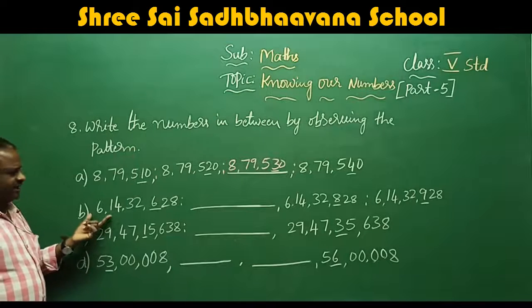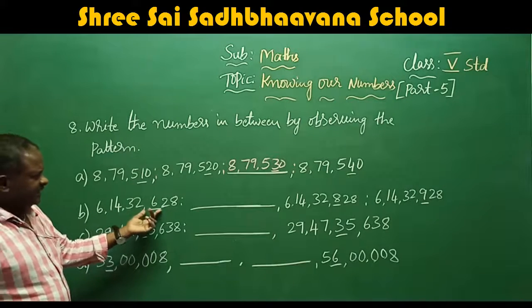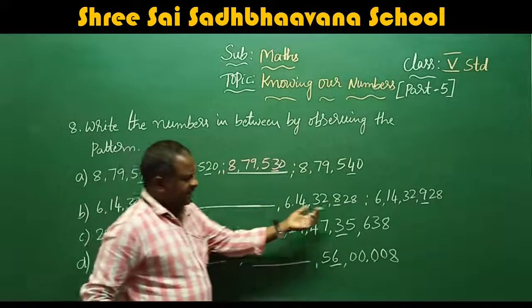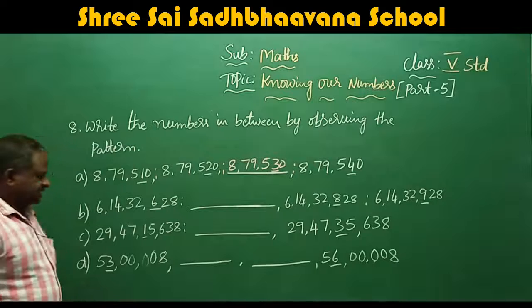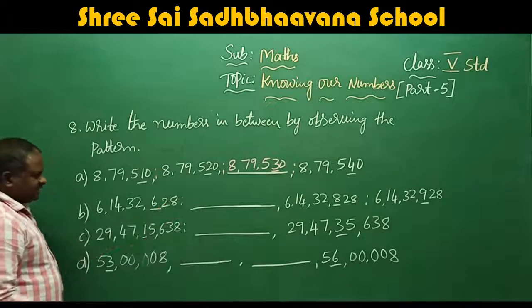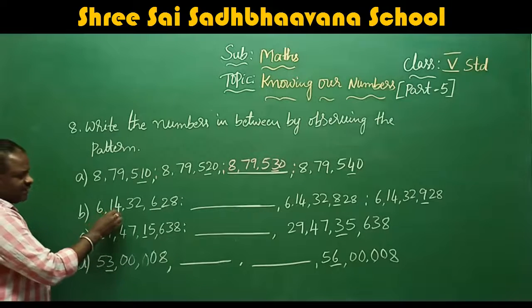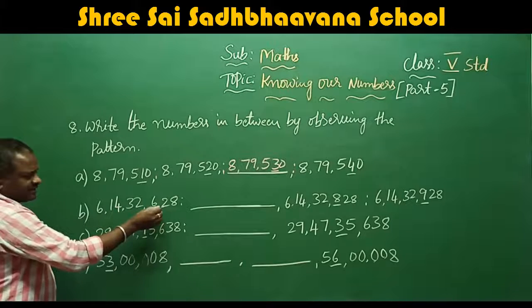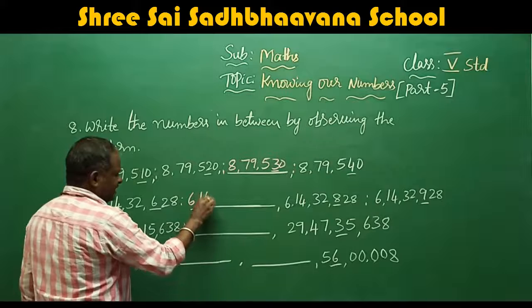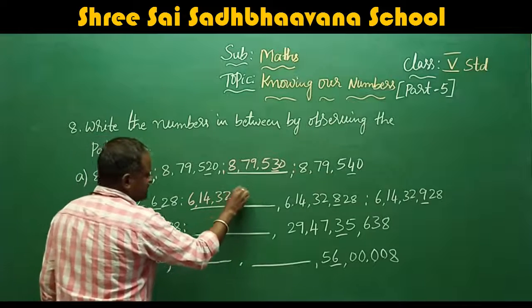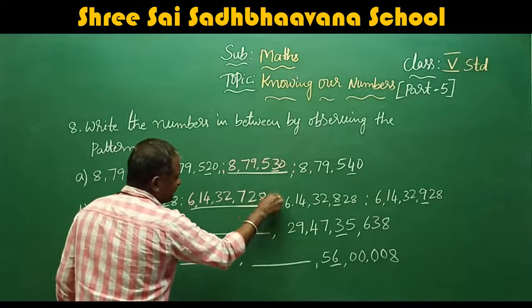Next, here they have given the pattern 600, 800, 900. That means here 700 should come. 6 crore 14 lakhs 32,628. Next number is 6 crore 14 lakhs 32,728.